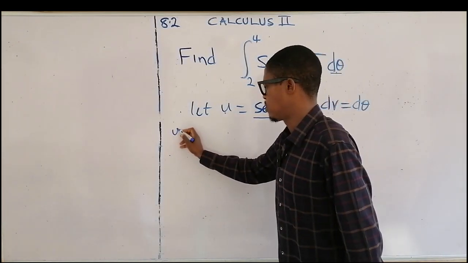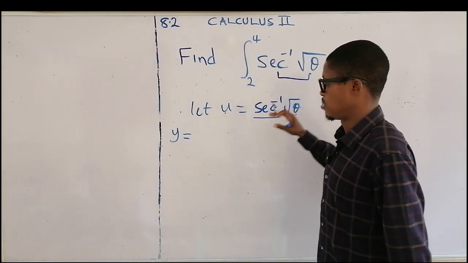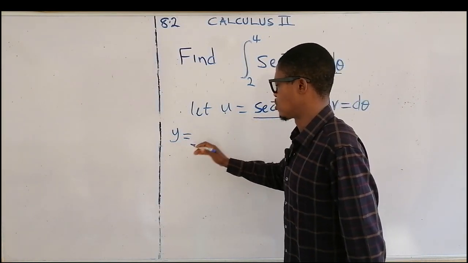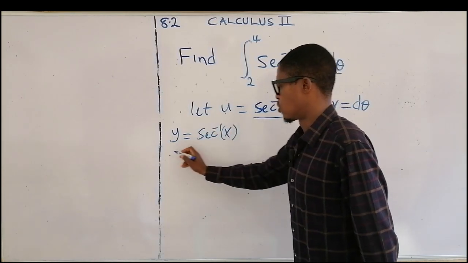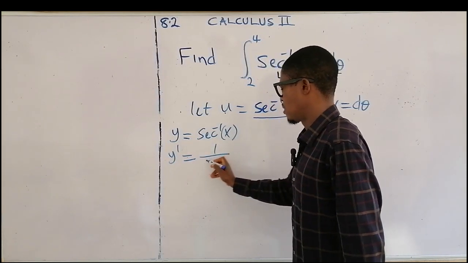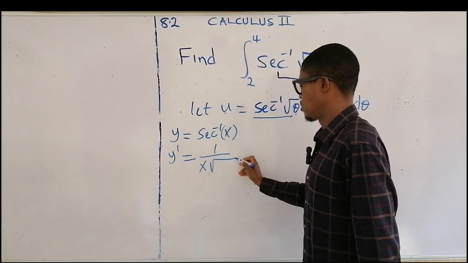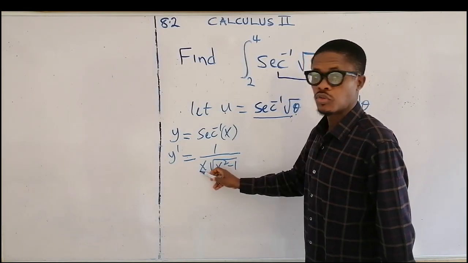I want to start from here to explain how we can do this differentiation. Don't forget that if y is equal to arcsec x, then dy/dx will be equal to 1 over x times the square root of x squared minus 1. Here is a multiple of what you have outside.